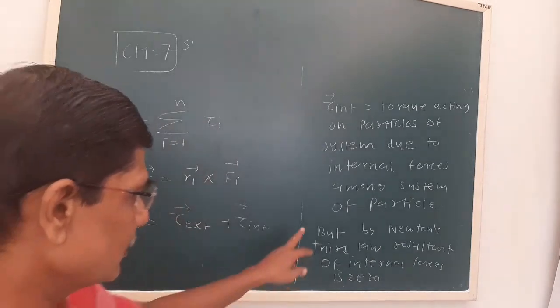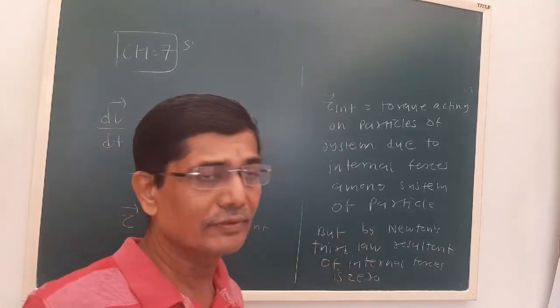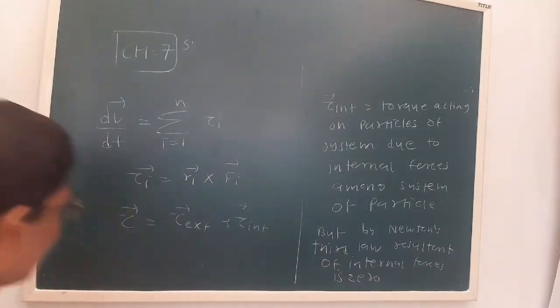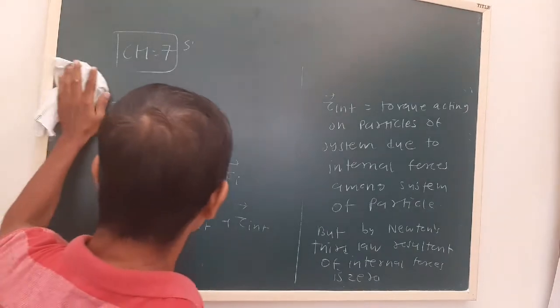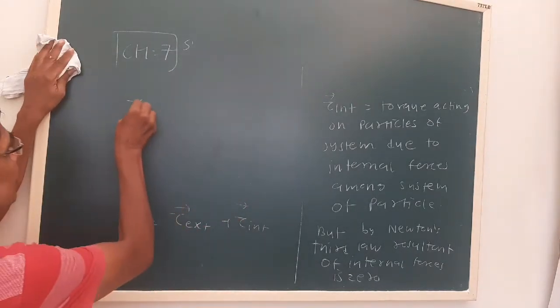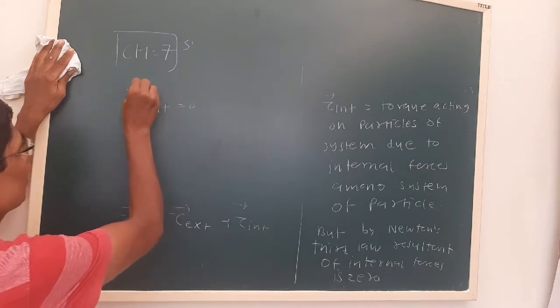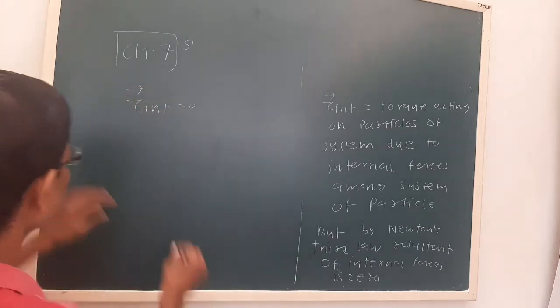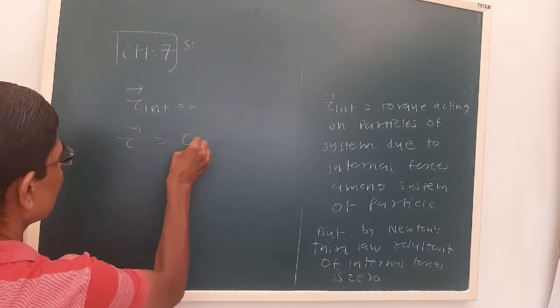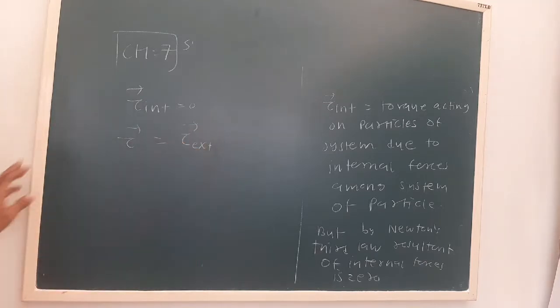But by Newton's third law, the resultant of internal forces is 0, so we can write the internal torque is 0. So the torque acting on a system of particles is only because of the external forces.